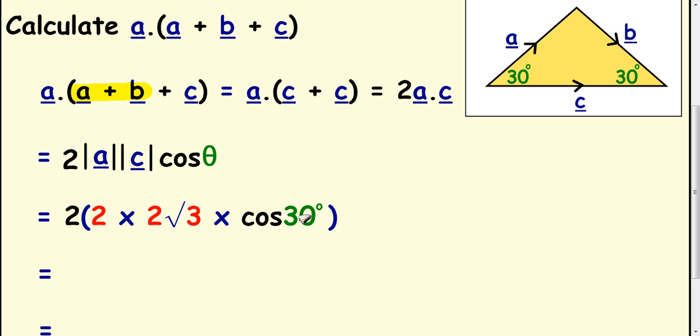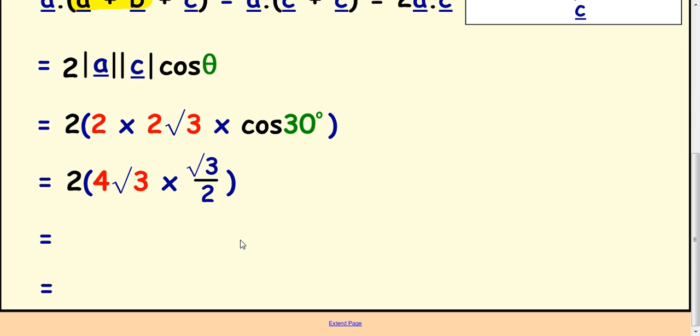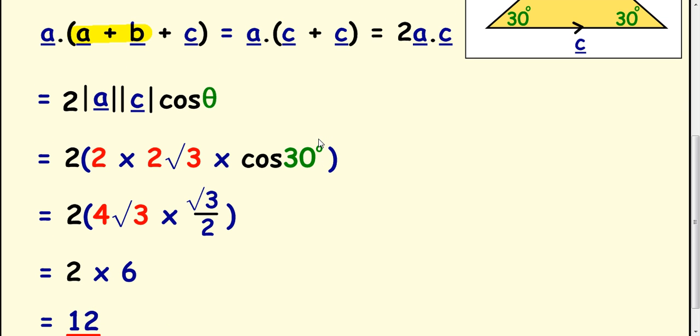Cos of 30 is root 3 over 2, so we're going to have 4 root 3 times root 3 over 2. We're nearly done. Same idea here. You're going to get 4 times 3 over 2, so that's going to be 6, and you're down to 12. So just a different way of doing it, but equally as good.